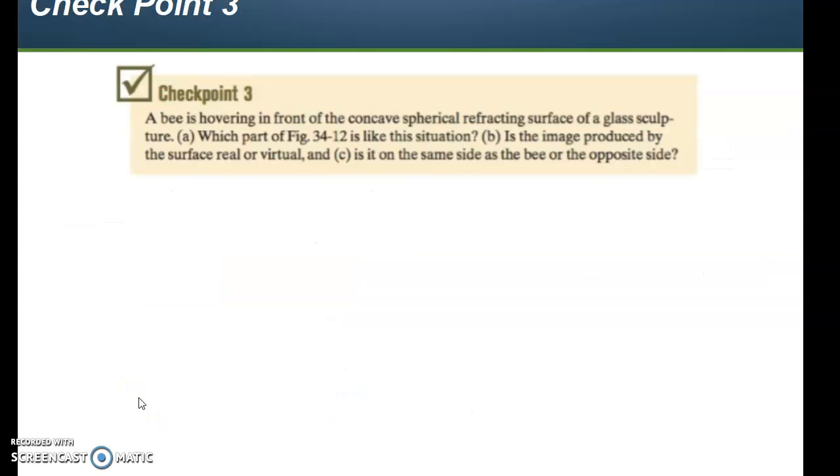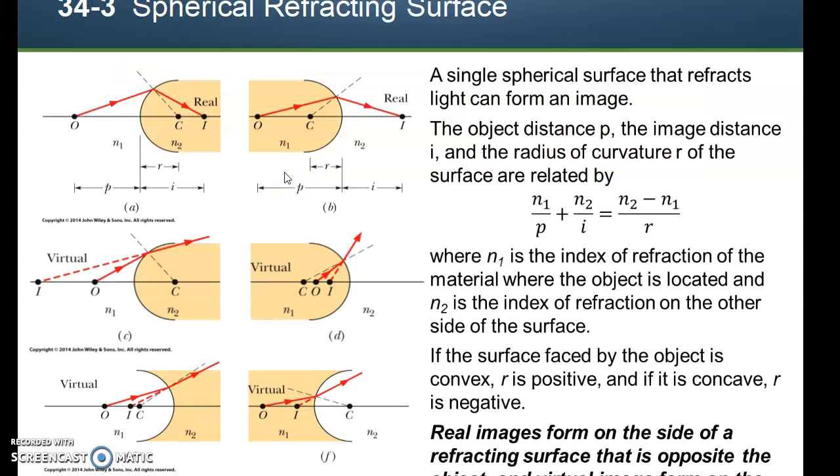So checkpoint 3. Here you have a bee that is hovering in front of a concave spherical refractor of a glass sculpture. Which part of figure 34.7 is like the situation? In other words, it would be a concave type of situation, right? So the concave means that it would be more like this one over here, wouldn't it?